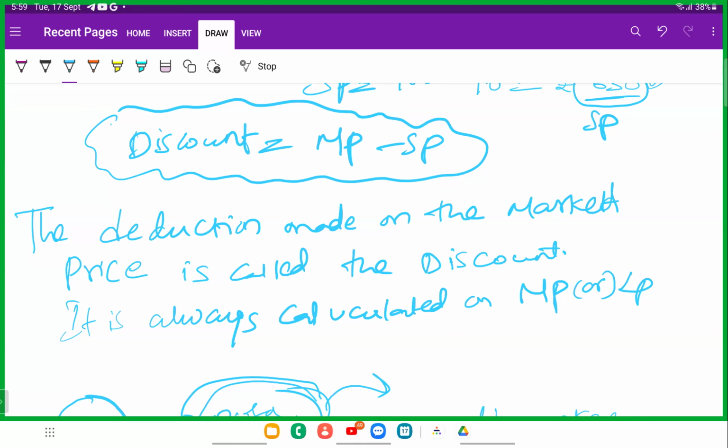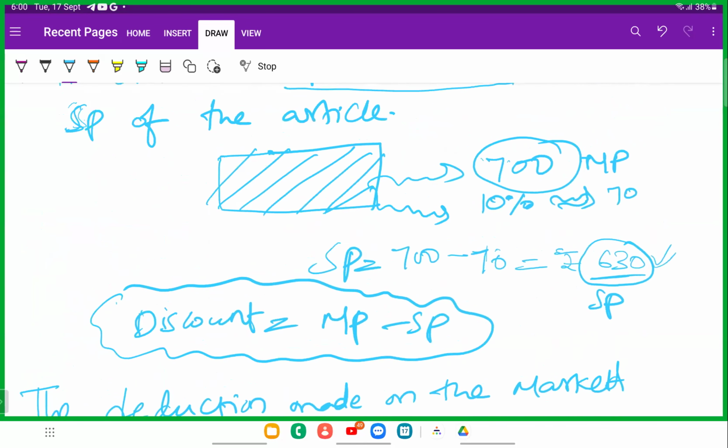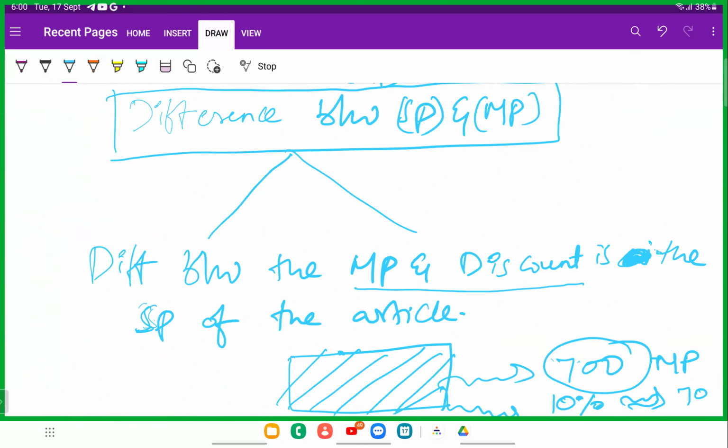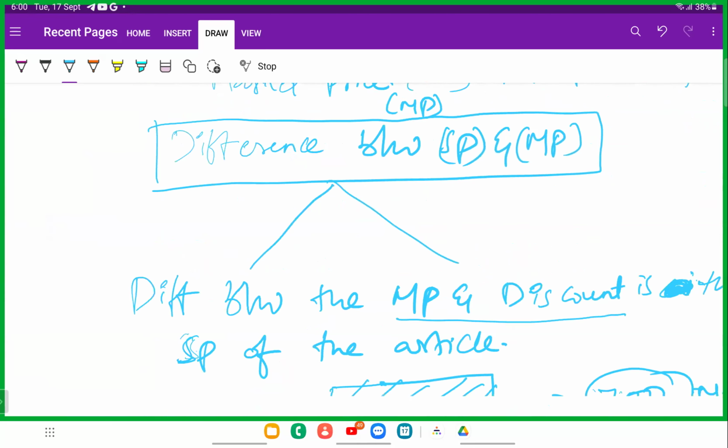Yes, Charan, what's your doubt? Sir, you told that the market price is 40, but the selling price is 35, then we'll get a loss, right, sir? How will you get a loss? Sir, because the market price is 40, but we are selling it at 35 rupees.